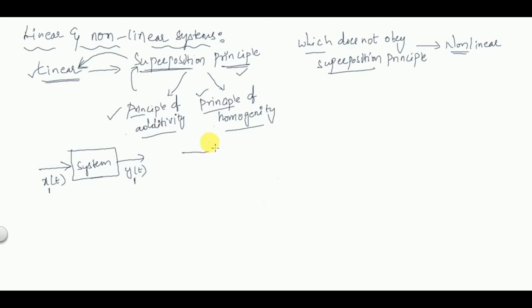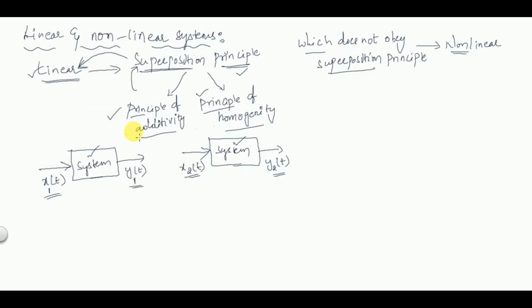Next, the same system, but I am changing the input. If the input is x2 of t, then its corresponding output is y2 of t. For the same system we are applying two inputs and correspondingly getting two outputs.